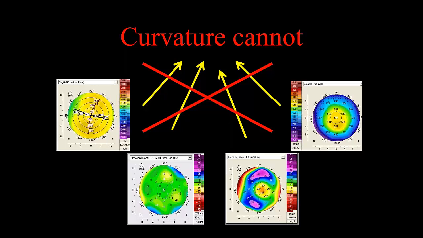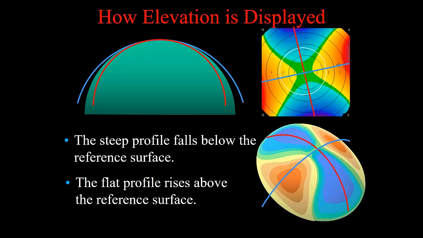For those of you who remember your calculus, curvature is the second derivative of elevation. There's only one solution going that way, but to go from curvature to elevation is an integral, and that has multiple solutions. So that's one of the reasons we really rely on elevation.